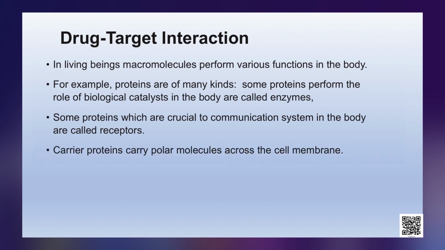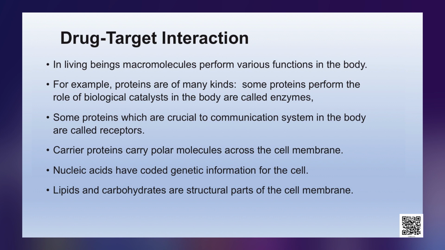Carrier proteins carry polar molecules across the cell membrane. Children, you know that nucleic acids have coded genetic information for the cell. You also know that lipids and carbohydrates are structural parts of the cell membrane. So, children, we will study the drug-target interaction with the examples of enzymes and receptors.